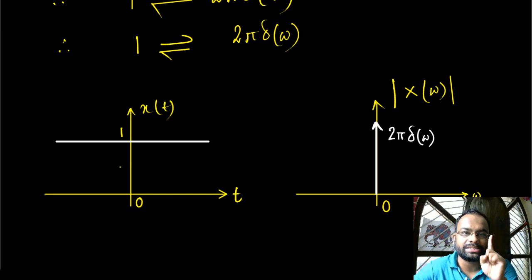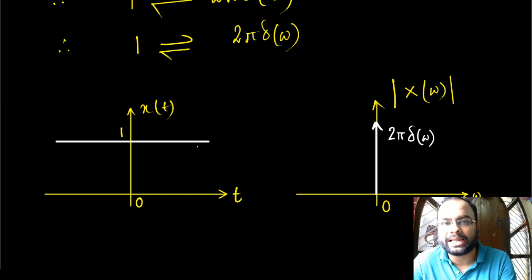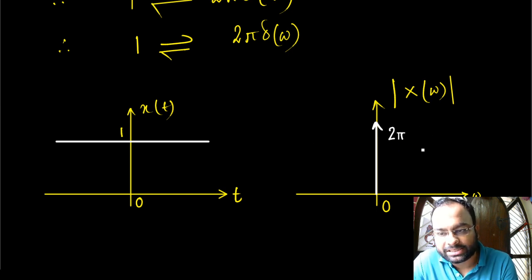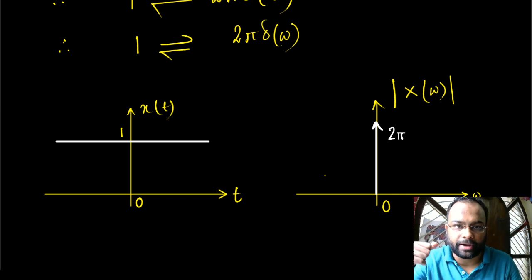It has one single frequency: zero frequency, because it's a DC signal, and that is what the Fourier transform tells me. The Fourier transform tells me that this DC signal is a zero frequency signal, and the amplitude of that zero frequency signal is 2 pi.